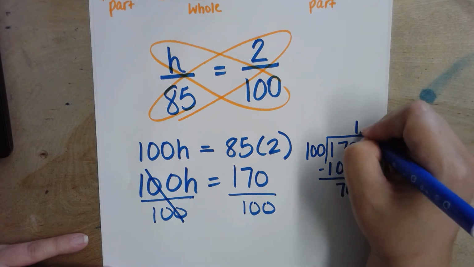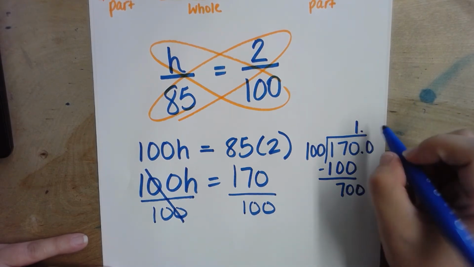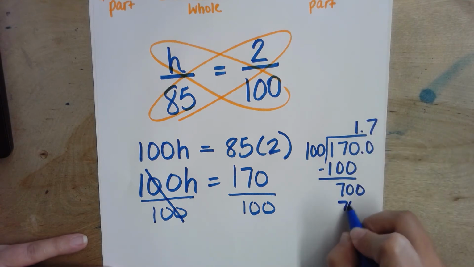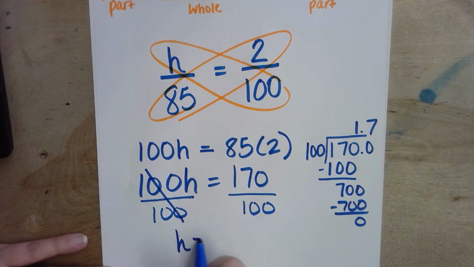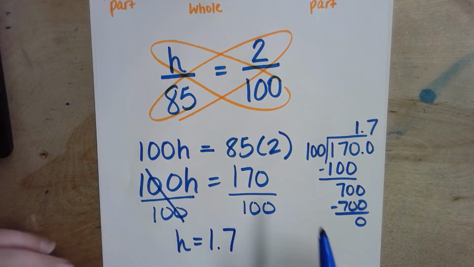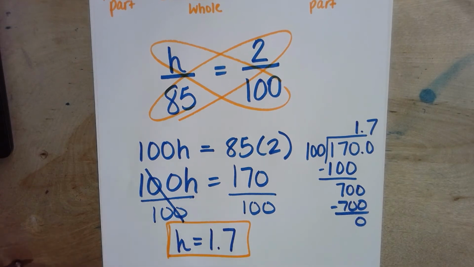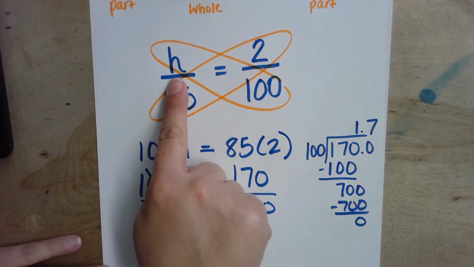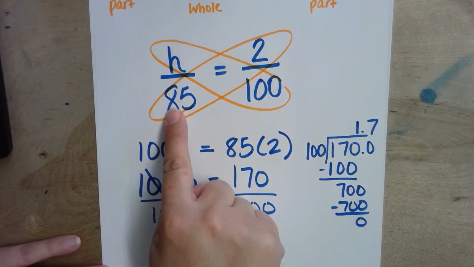Add a decimal and a 0. 100 goes into 700 7 times. So h would be 1.7. So 1.7 is 2% of 85.